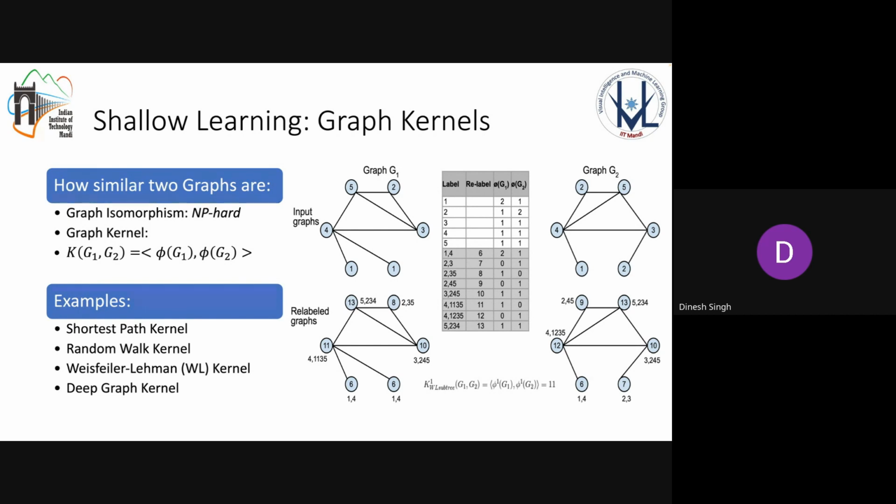If you can define a similarity measure on two graphs, let's say there are two graphs, G1 and G2, how similar they are. If you can quantify that, then we can use that function as a graph kernel in the support vector machine. In a support vector machine, by default, it generally works on vector data.